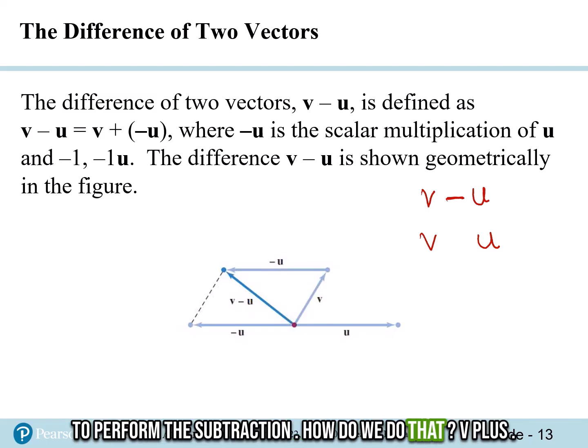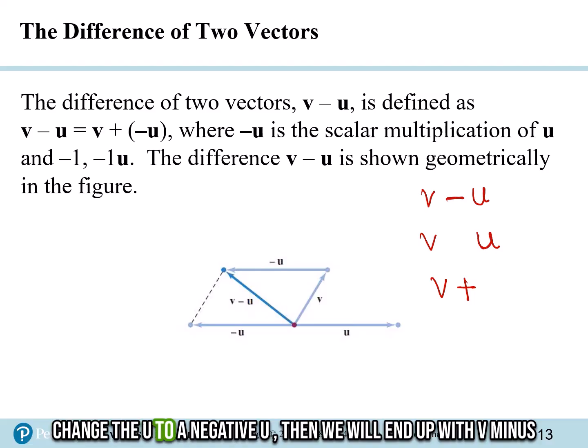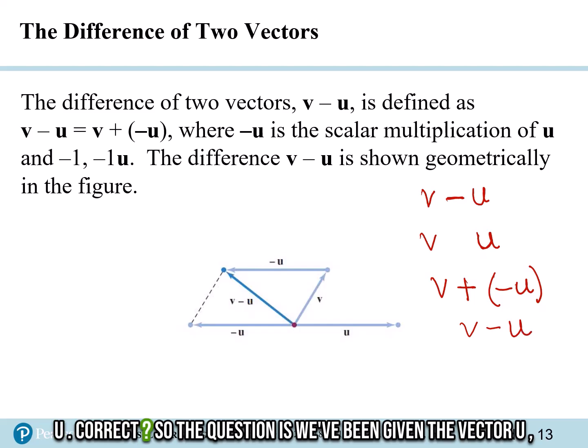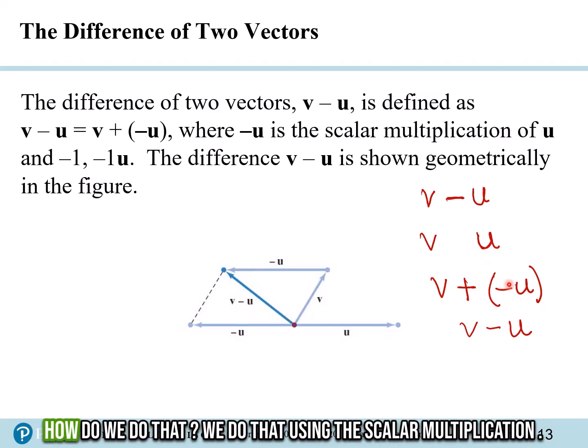How do we do that? V plus, there's an addition, and then if we change the u to a negative u, then we will end up with v minus u, correct? So the question is, we've been given the vector u, not negative u. We have to change the vector u to a negative u. How do we do that?